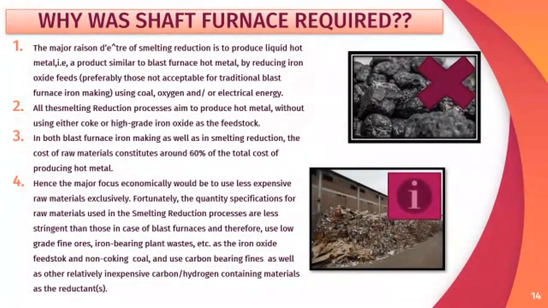Thirdly, it is much more economical compared to blast furnace iron making, as it uses less expensive raw materials such as low-grade fine ores, iron-bearing plant waste, etc. as the iron oxide feedstock, and non-coking coal, and uses carbon-bearing fines and other inexpensive materials as the reductants. Next slide, please.